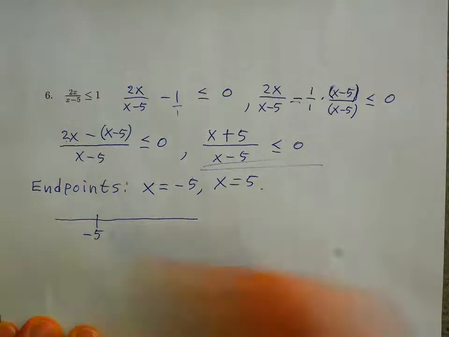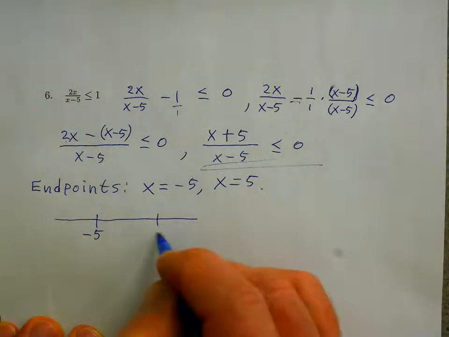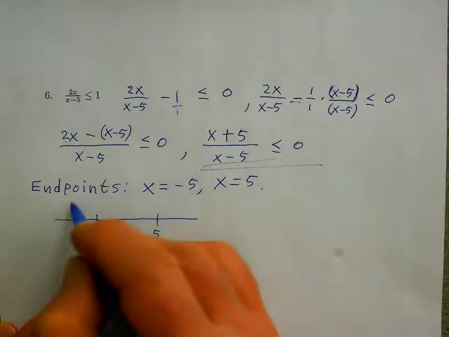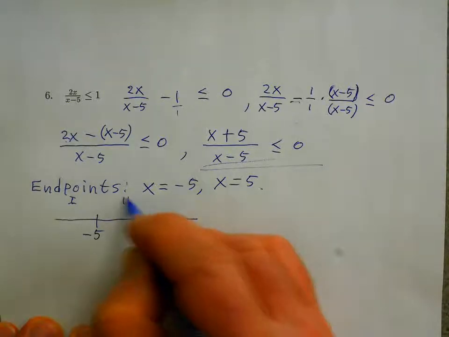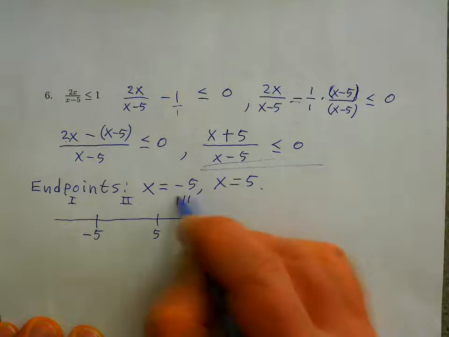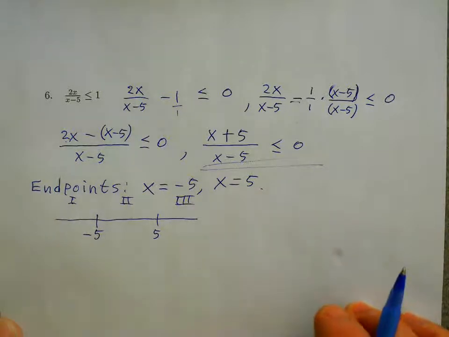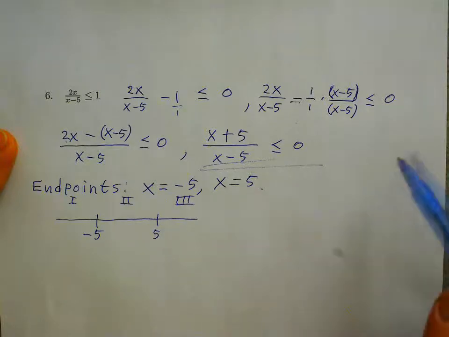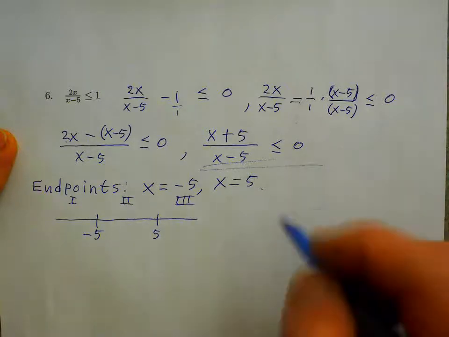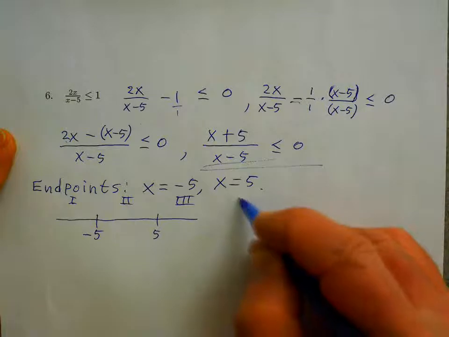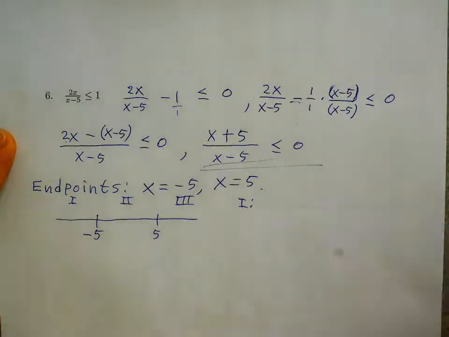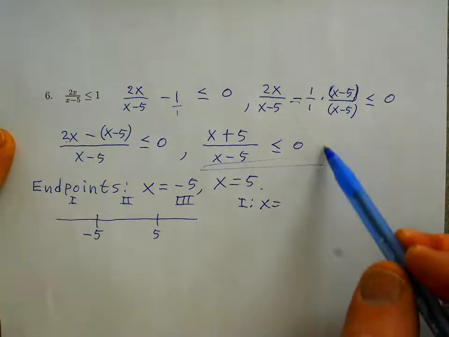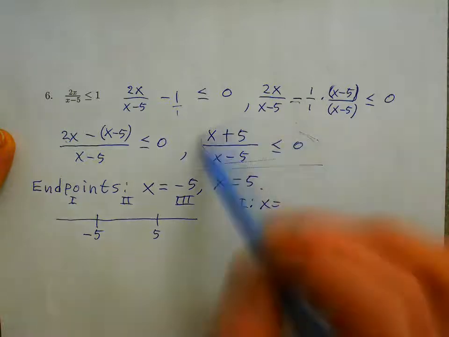So if it helps, you can plot the endpoints on the number line and then identify the separate intervals. We have 3 separate intervals. So we're going to solve the inequality by picking test points. Okay, after we pick a test point, we can use any of the inequalities.